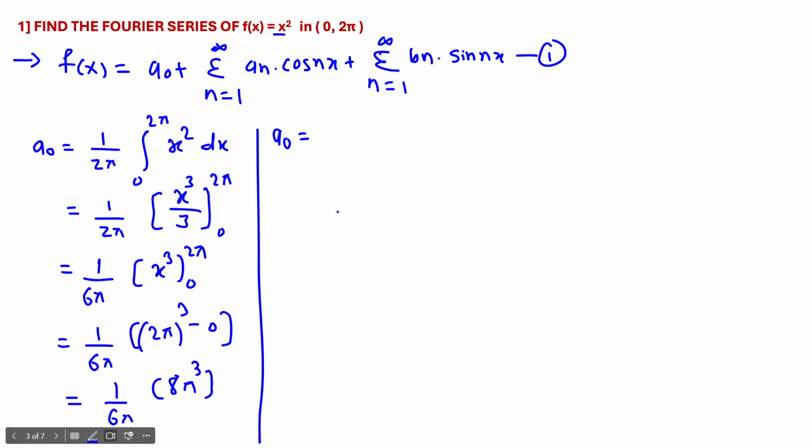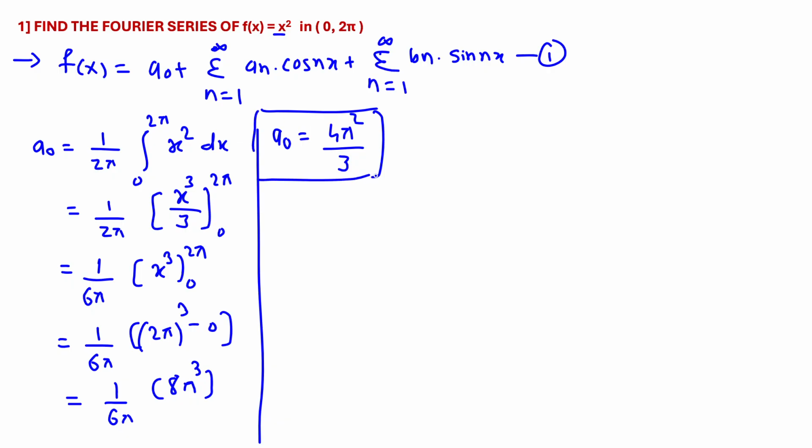You can see here π gets cancelled, so the answer is 4π²/3. This will be the value of your a0.